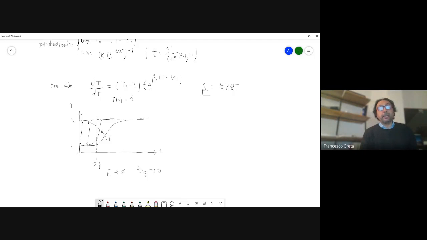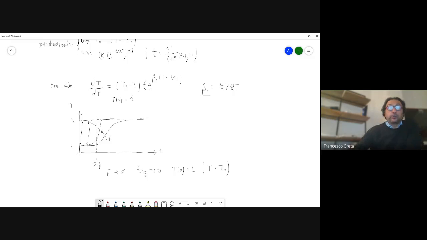What does that mean? Try to bear with me with the parallel here. Remember that at the beginning the initial temperature is 1, which means that in dimensional terms, the temperature is T0.